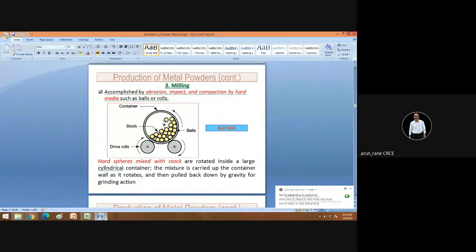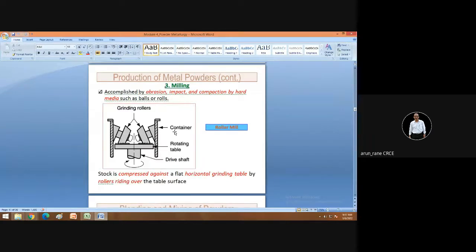So milling is done by abrasion, impact, and compaction, by directing balls or rolls. See, these are the balls or rolls in order to get the metal powders.